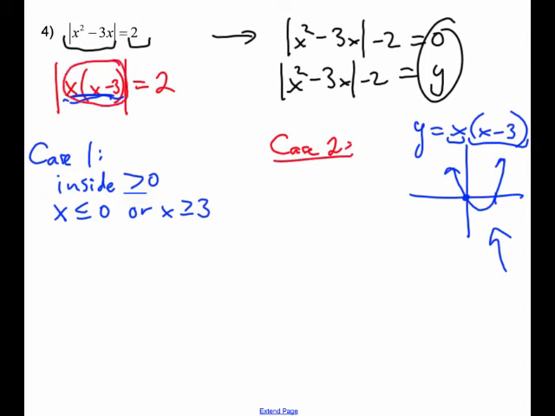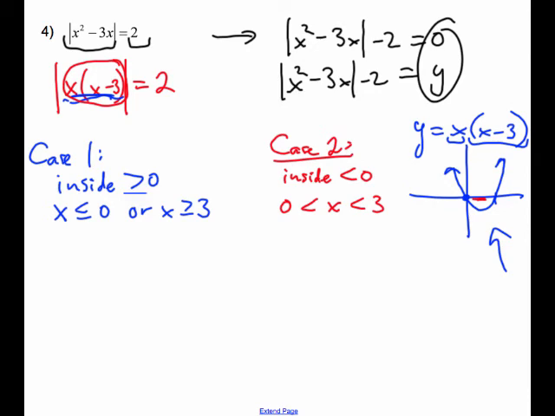Okay, case 2, this is a y value. The y values in the graph are negative in this section. So the inside is negative when x is between 0 and 3. Alright, so we've got our two situations mapped out, our positive situation on the inside and our negative.